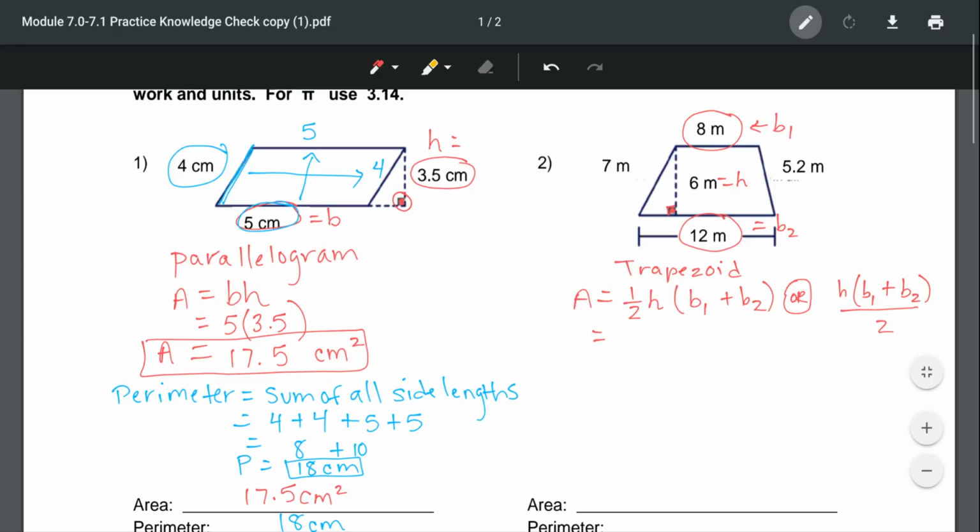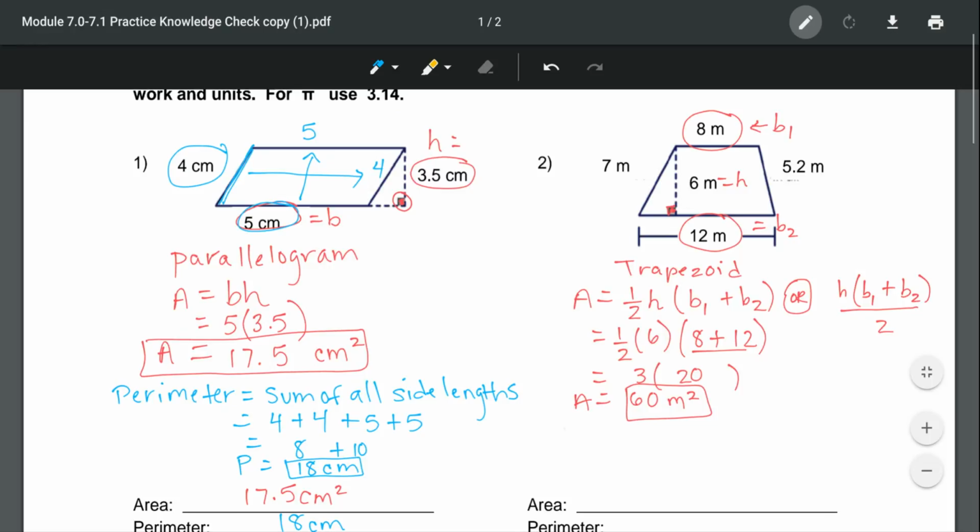You plug those values into your formula, 1/2 times the height, which is 6, times base 1, which is 8, plus base 2, which is 12. Half of 6 is 3, and the sum of 8 plus 12 is 20. Then 3 times 20 gives us 60. So it's 60 meters squared for the area.